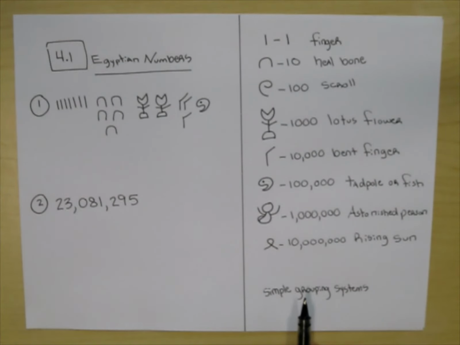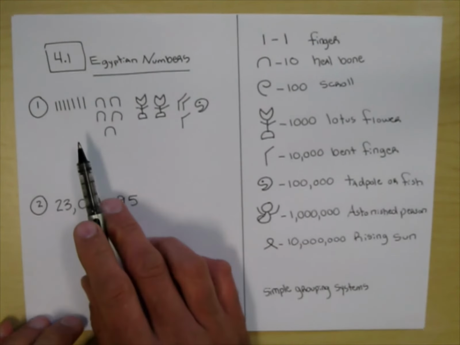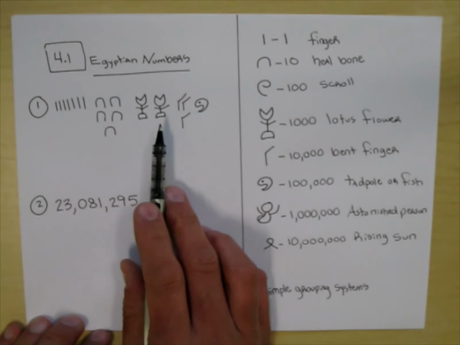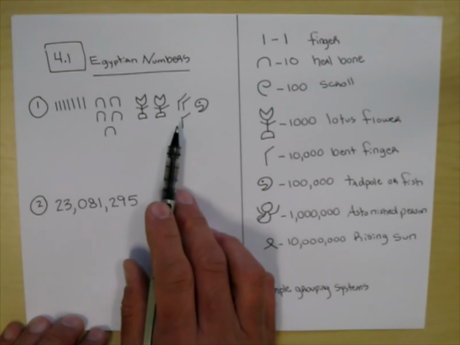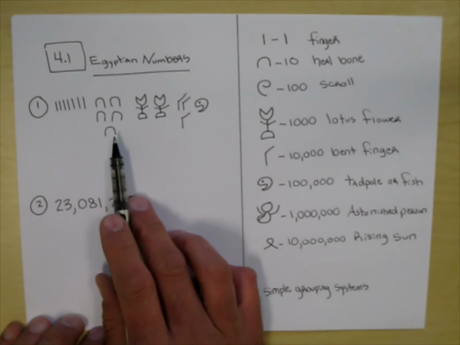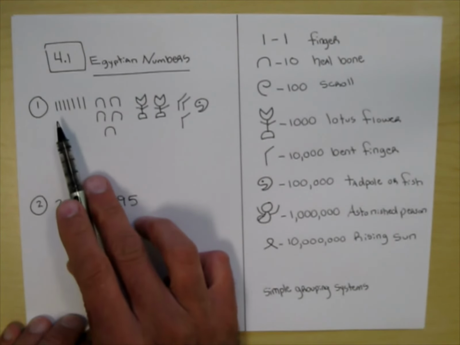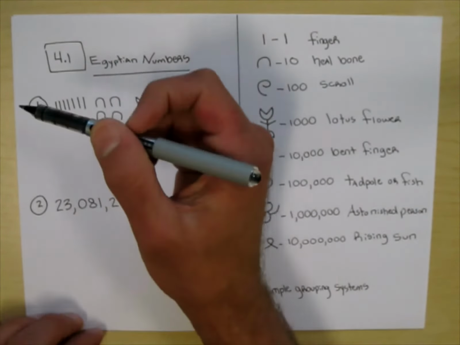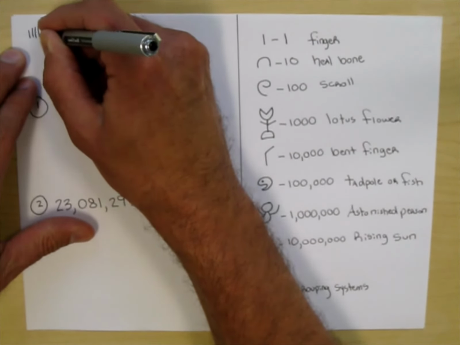The direction of writing was usually this way, where the ones were on the left and then the higher symbols were on the right. But it changed throughout the years. So this is what we're going to do. You know how we tally 1, 2, 3, 4, and then put the cross for 5.